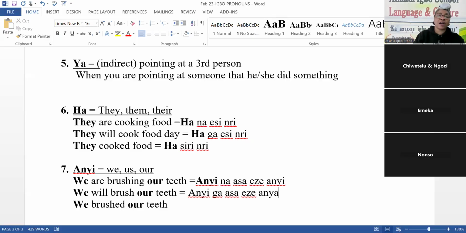Anyị sara eze anyị. Mind you, eze is teeth. Eze is king. They have different pronunciations, okay? And different meaning.